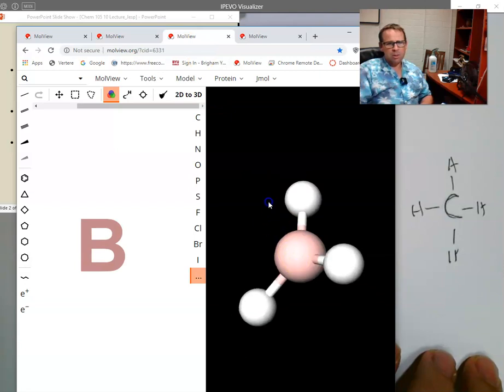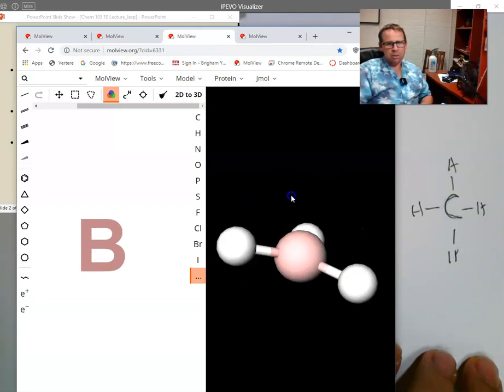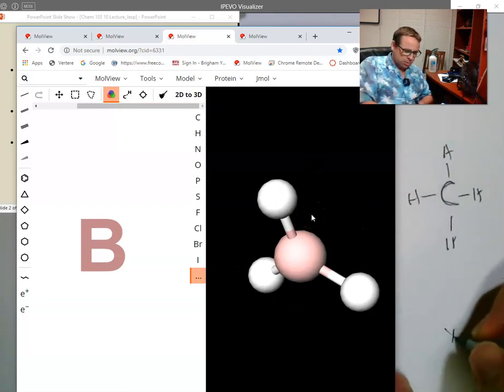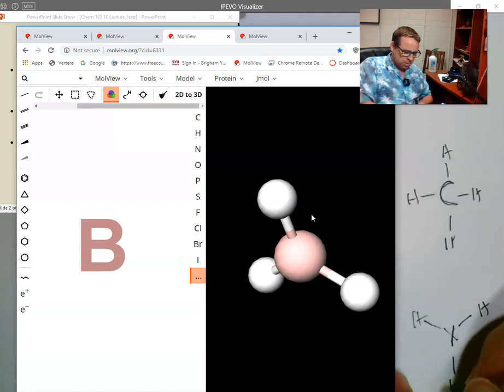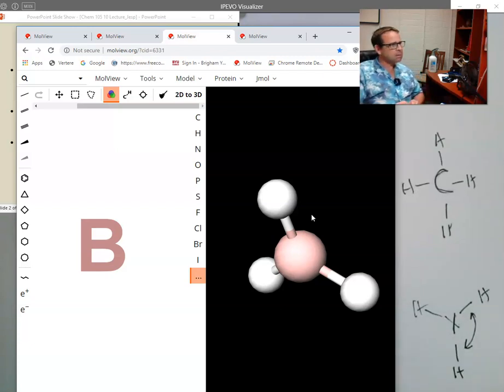Okay? If I look at something like this compound here, where there's a central atom and only 3 regions of electron density, right? Central atom X, 3 regions of electron density. Based on what the drawing shows us here, we might be able to predict what that angle is.